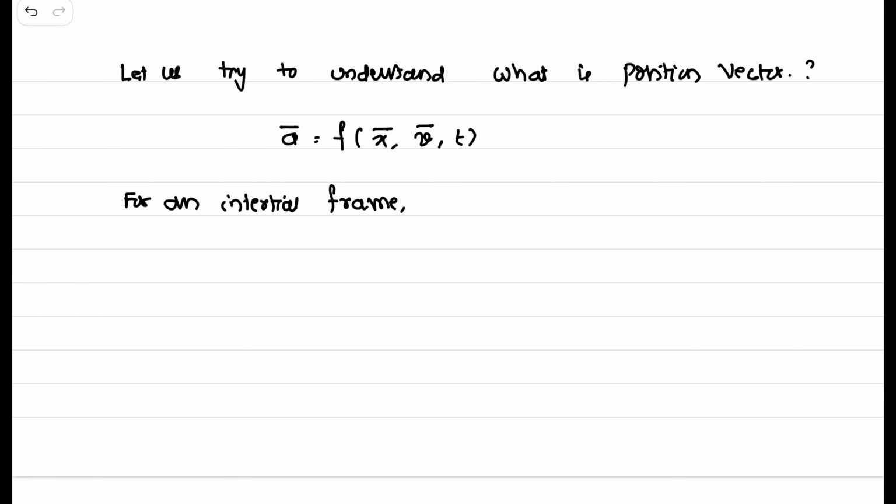Once you understand these concepts, you can apply them very well in physics. Inertial frame means like Earth. Even though Earth is not an absolute inertial frame, we can treat it as an inertial frame for practical purposes, for studying Newtonian mechanics and also for our regular mechanics studies.